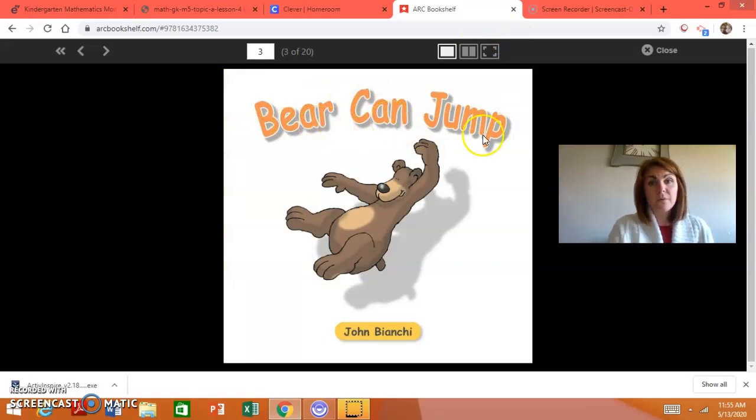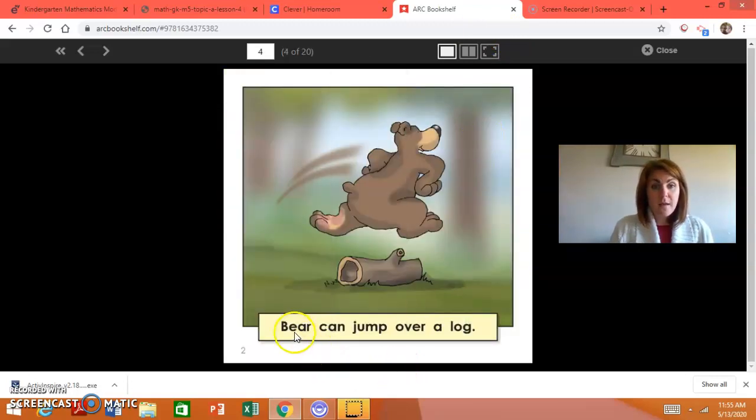Bear can jump. Bear can jump over a log. Now, if we didn't know this word, log, we see in the picture, this is a log. If you don't know what the picture is, that's okay too, because we are still learning English. We can sound the word out. Look at this letter.